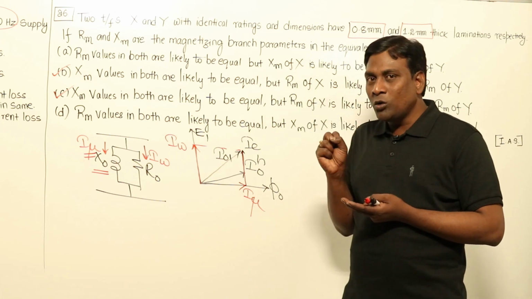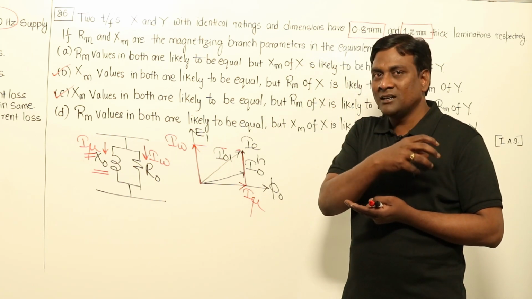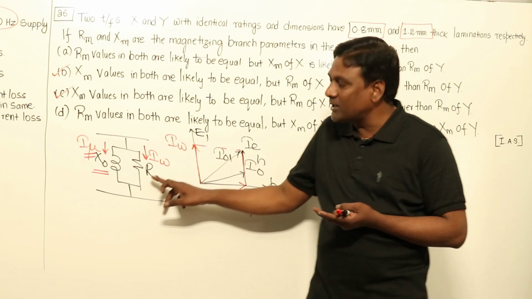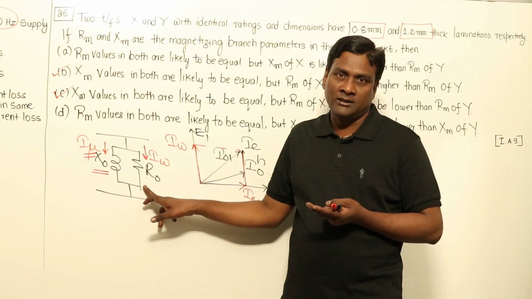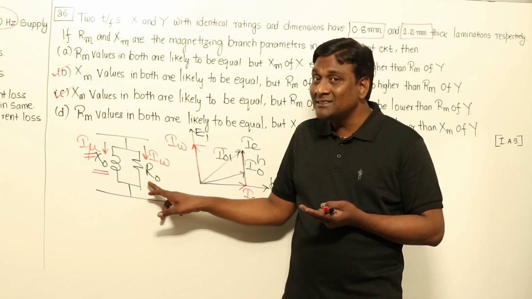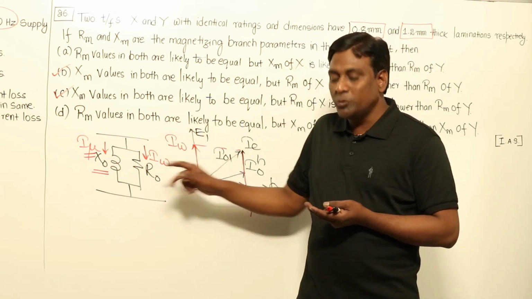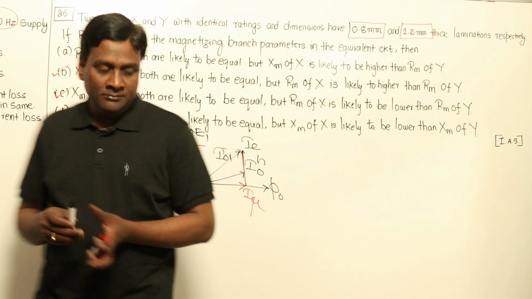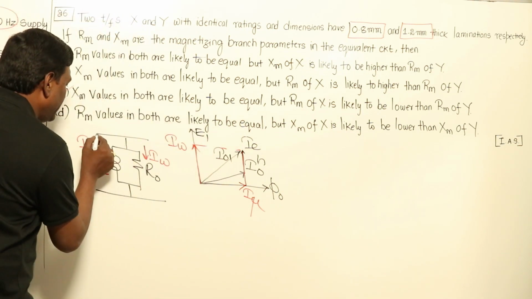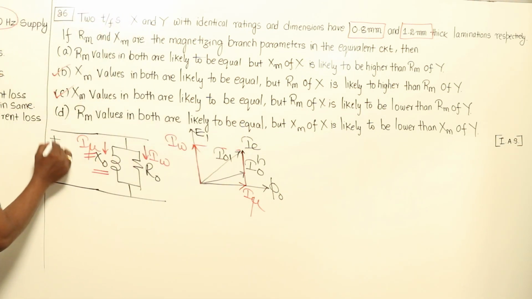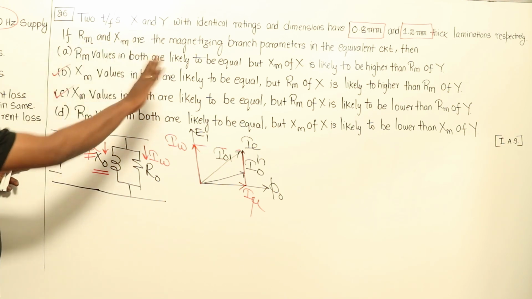Now that total core loss in the practical transformer has been modeled as power absorbed by resistance R naught. So power absorbed by resistance R naught should increase for a given voltage, because this is going to be voltage V1. The voltage is not changing.